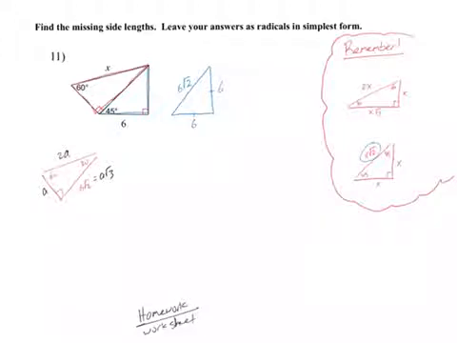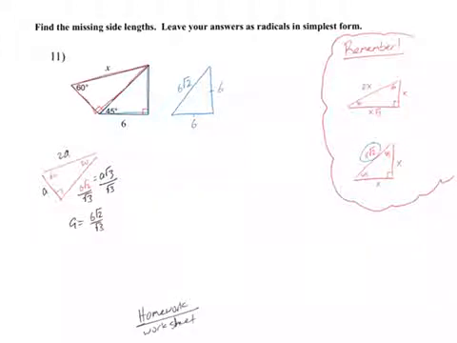To figure out what a is, I'm going to need to divide by the square root of 3. So that means I'm going to get a is equal to 6 root 2 over 3, or, I don't like writing it that way. I'm going to back that up a little bit. I'll just write it like this: 6 root 2 over root 3.